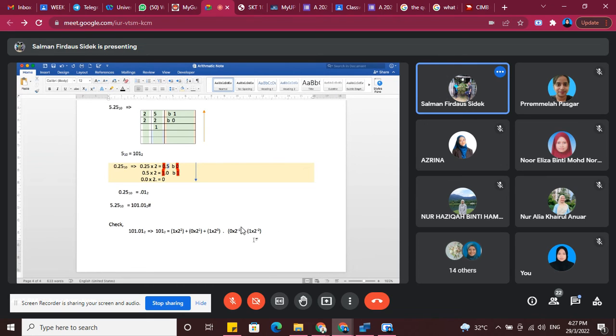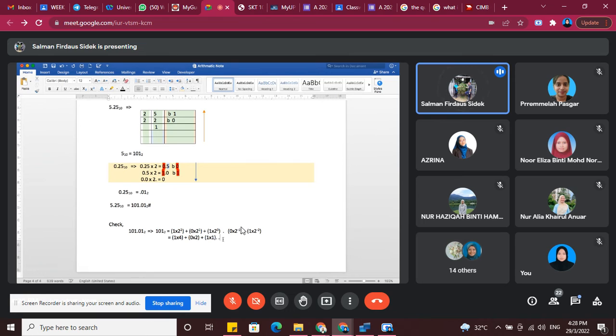So in point form kita akan dapat macam ni. 1 kali 4. Just want to make you clear how we get the sequence for the number before point form. 0 kali 2 tambah 1 kali 1. Macam tu. So kita dapat the sequence is 1, 2, 4, 8 and so on lah.